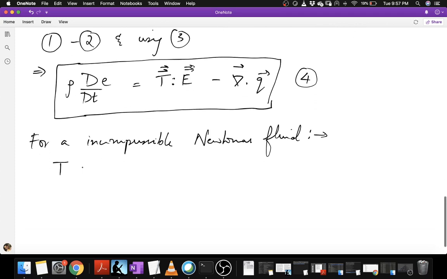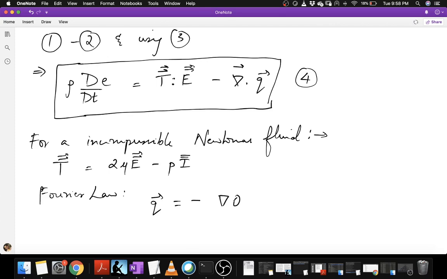For such a fluid, remember, the stress tensor is given by 2 mu E minus P times the identity, and then we can use Fourier's law of heat conduction, which says that the heat flux at any given point occurs in the negative direction of the gradient of the temperature theta, with the constant K, which is the thermal conductivity.